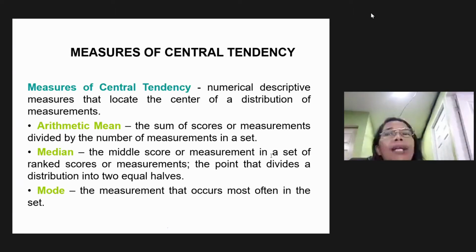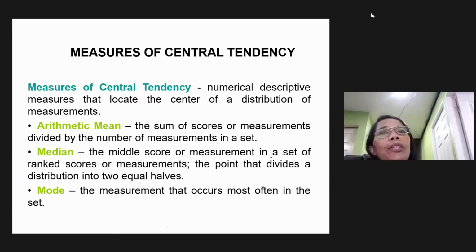Next, median. Median is the middle of a set of ranked scores or measurements, the point that divides a distribution into two equal halves. So when we say median, that would be at the middle. You divide equally the positive responses and the negative responses.